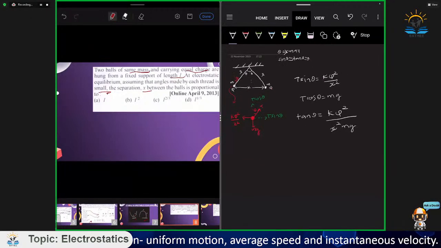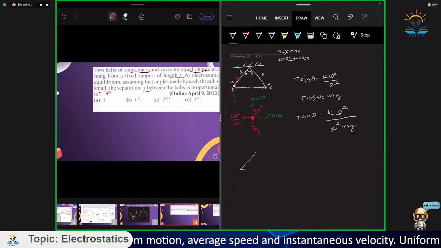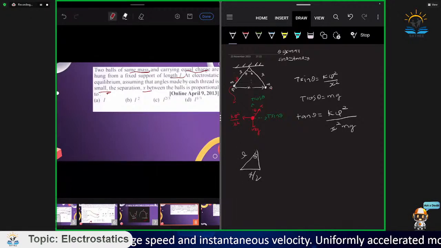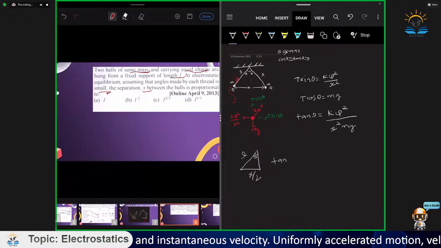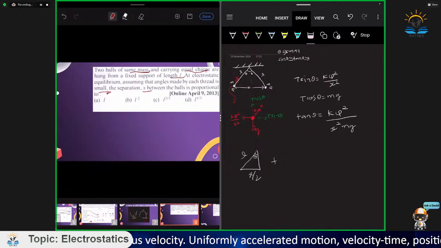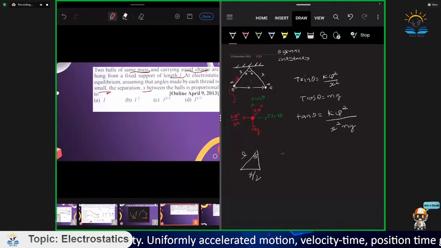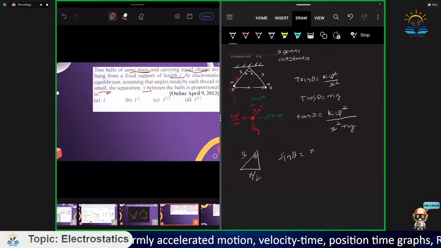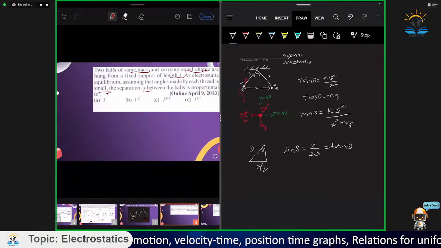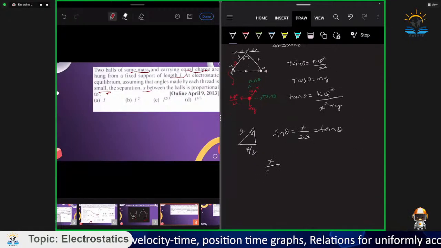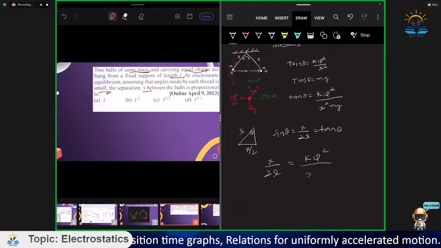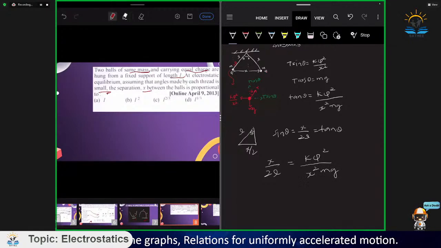Easy. And from the triangle above, this is theta, this is x by 2, this is L. What will be sine theta? Sine theta equals x by 2L, which is equal to tan theta, because theta is very small. So we can equate x by 2L to tan theta, which is kq square divided by x square mg.